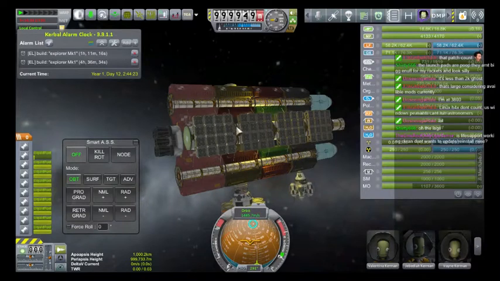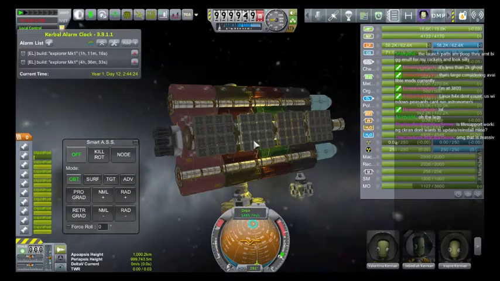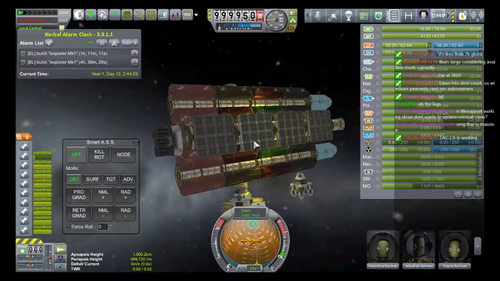So each one of these is a pad that you can build a spaceship on. This isn't Opa Terra. This isn't massive.